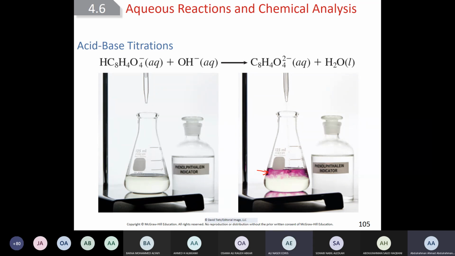The reaction is complete, and the acid equals the base. Which point did we reach? The end point, equivalence point, or neutralization point. All of this is acceptable.